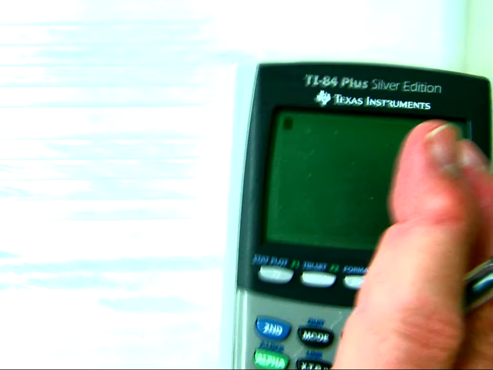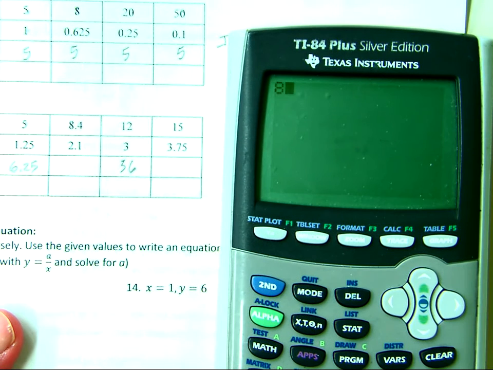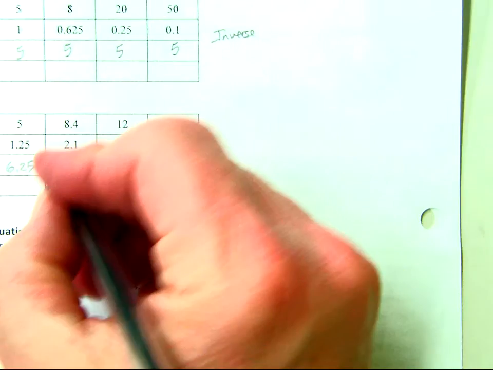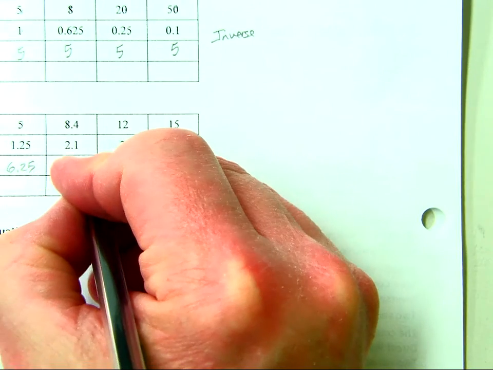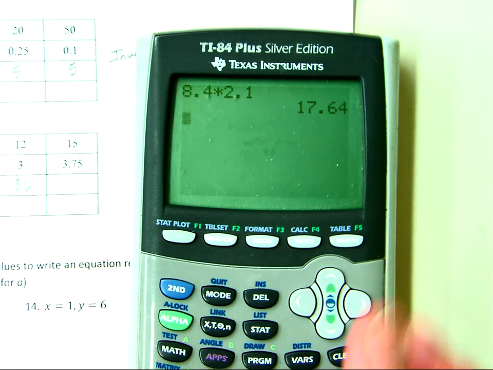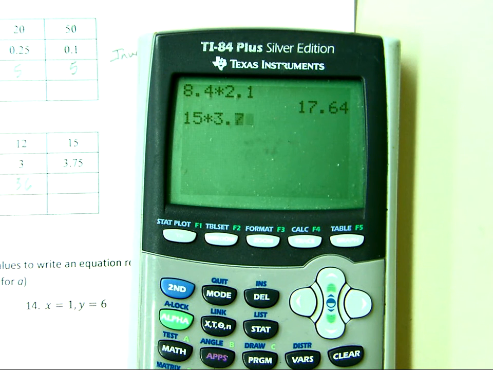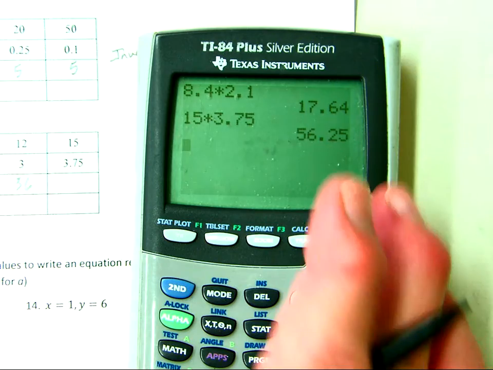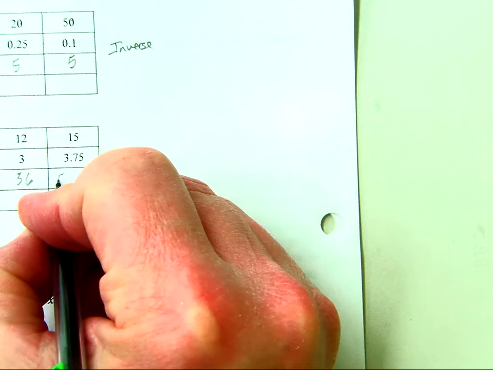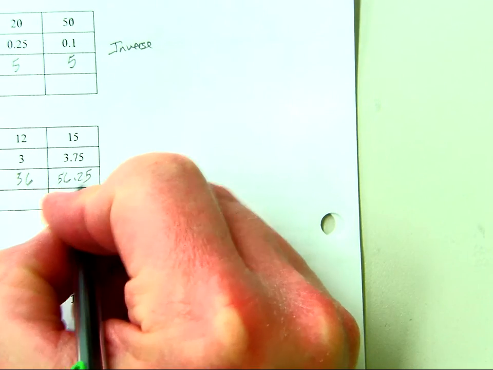But if I take 8.4 times 2.1, I get 17.64. And this last one, 15 times 3.75, I get 56.25. So even with those last two, you can see that those aren't a constant.